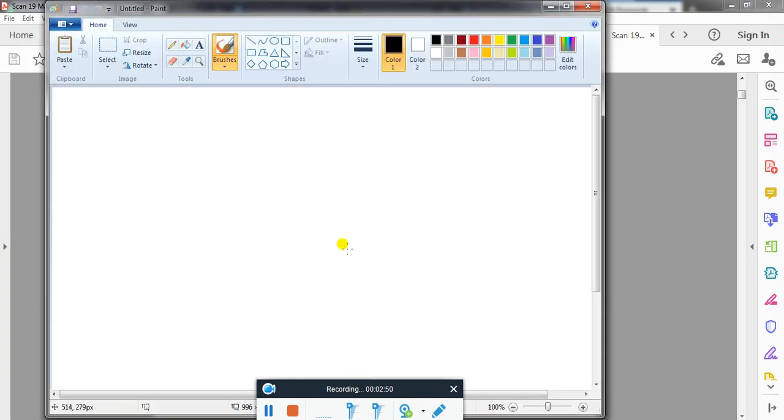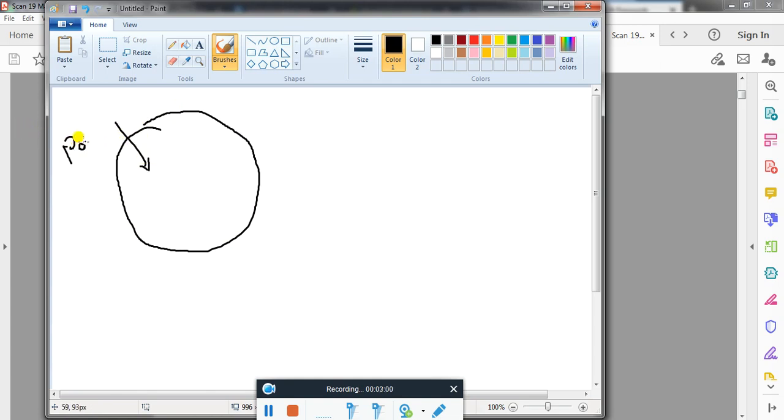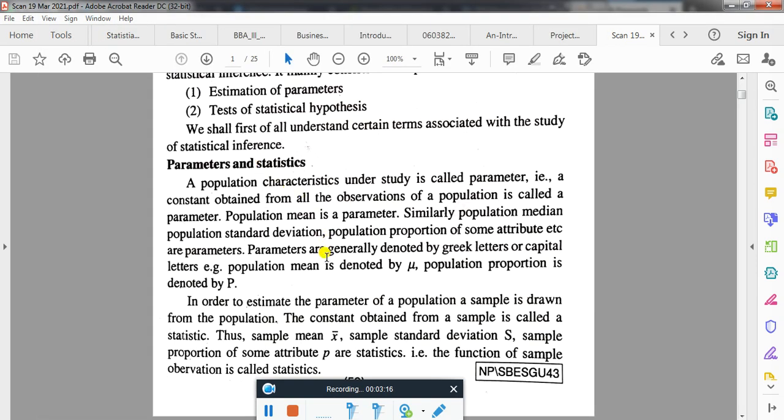So when you are going to discuss the characteristics of the whole population, it is called a parameter. But when you select a sample from the whole population and then study it, it is called a statistic.